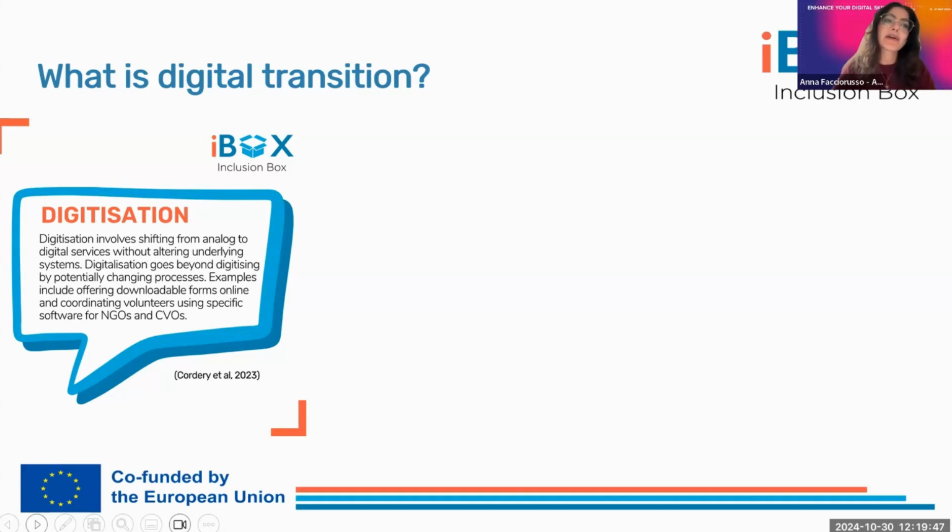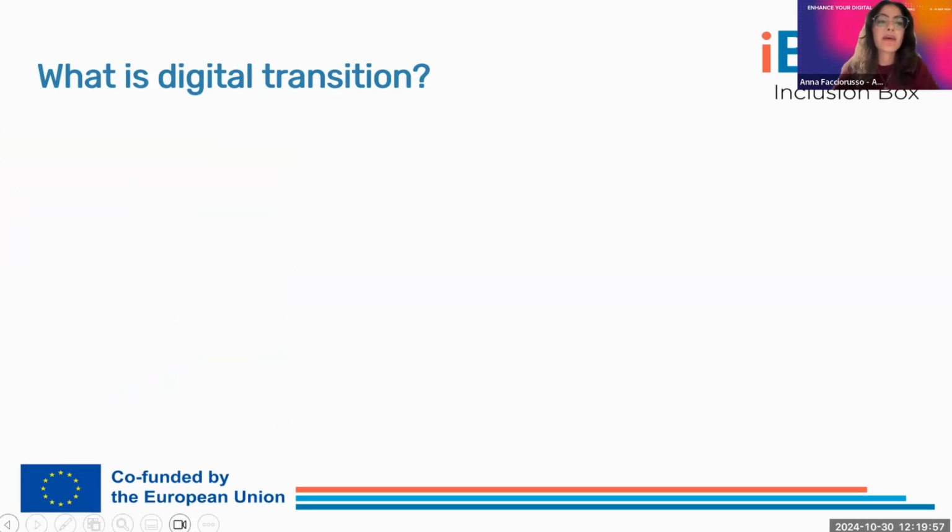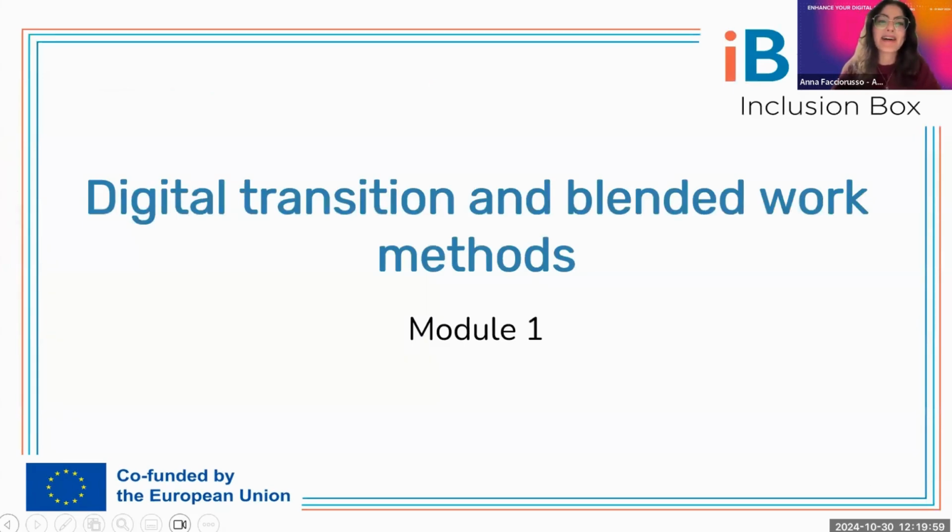We are going to go further with slides, so I will ask to go to the first main slide, digital transition and blended work methods, because we are spoiling content.